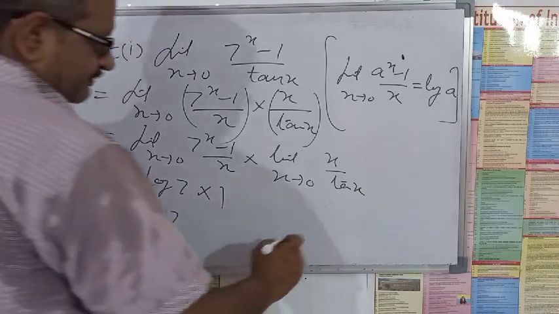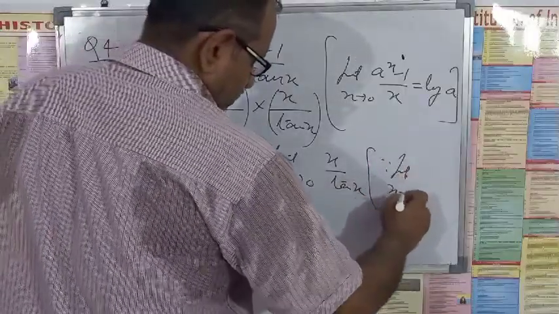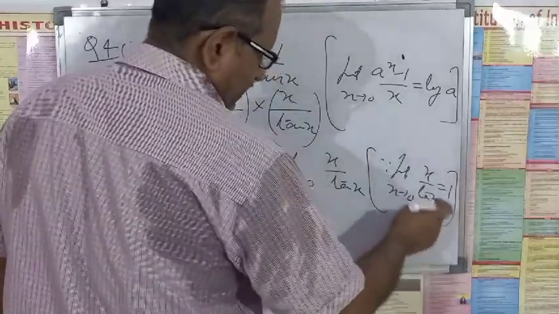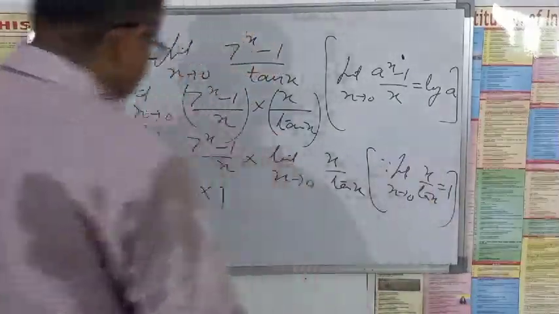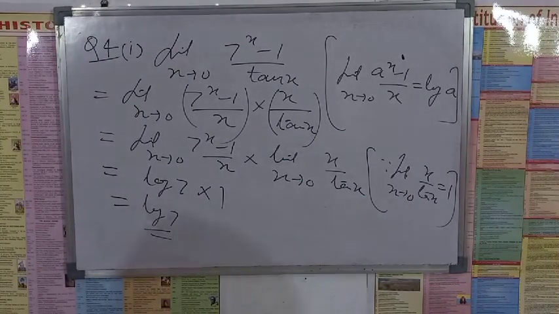Log 7, since limit x tends to 0, x by 10x, its value is 1. This limit is 1. So answer is log 7. So it was question number 4.